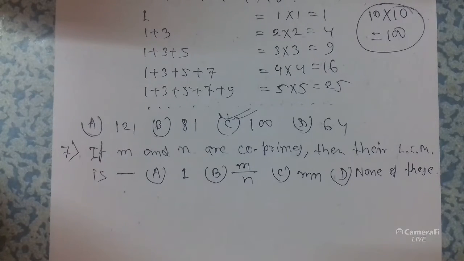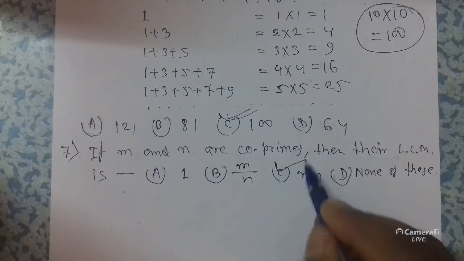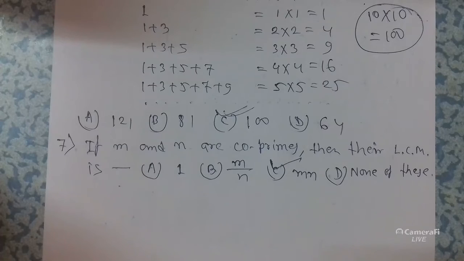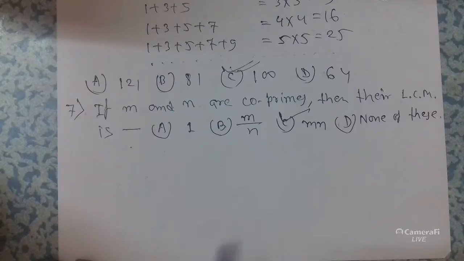So M multiply N is MN. So option C is the correct answer. Always remember, when two numbers are given and the numbers are co-prime, then the LCM of the given numbers is equal to the product of the given numbers. Okay, so that's why M multiply N, that means MN. Next.